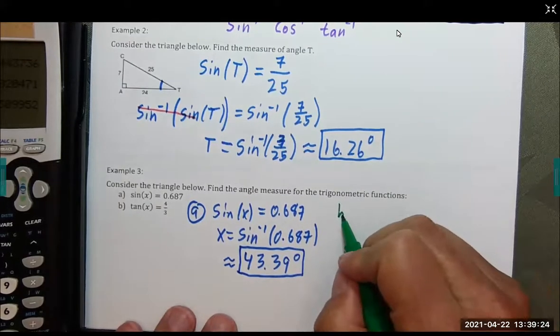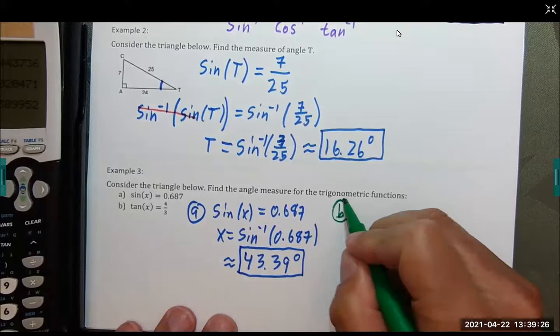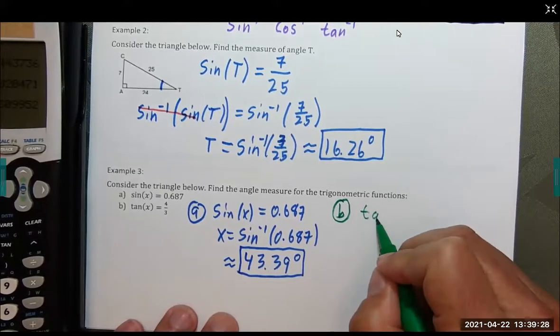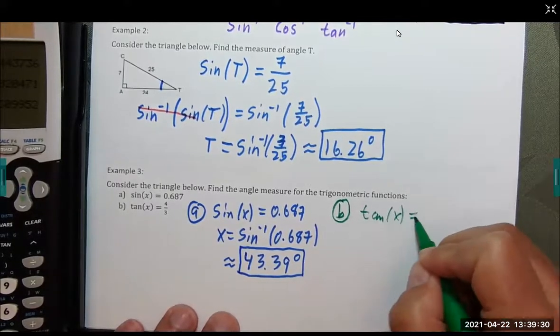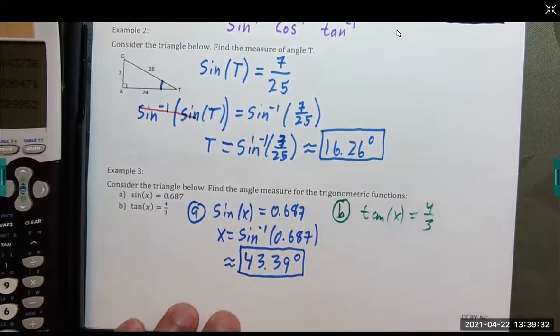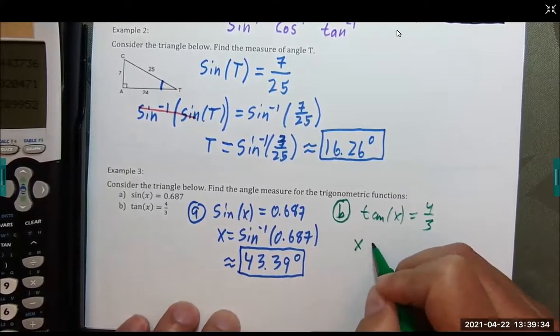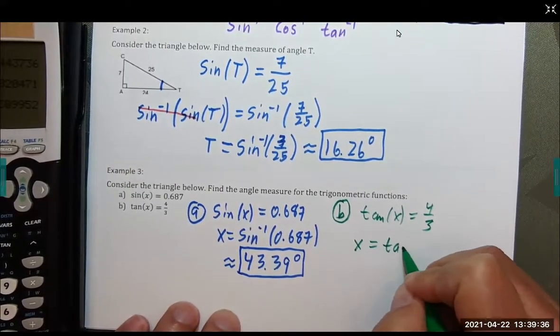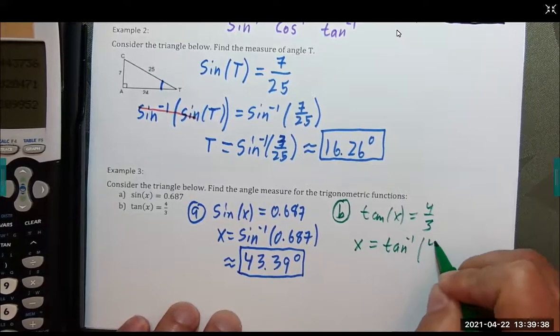Now do part B. Tangent of x is 4/3, which means that x is the inverse tangent of 4/3.